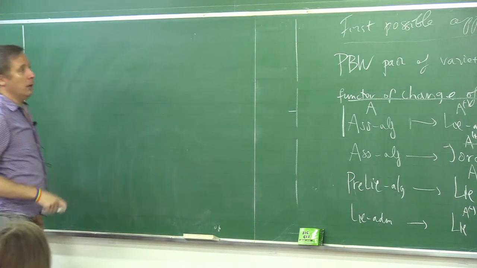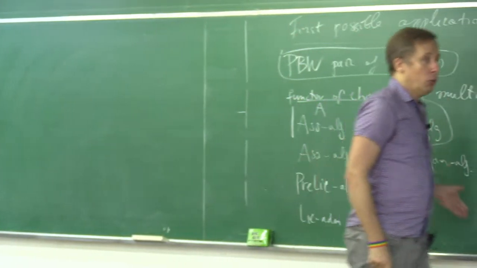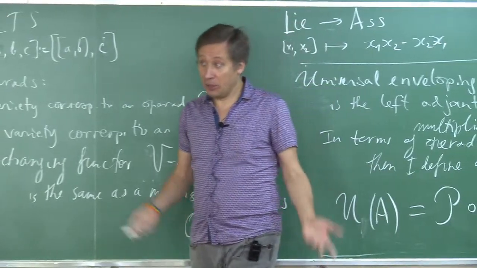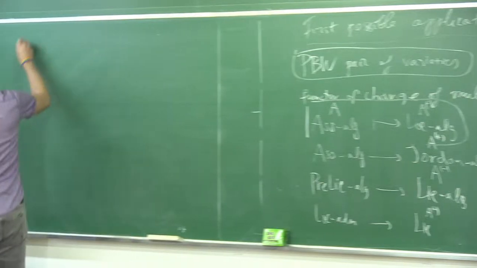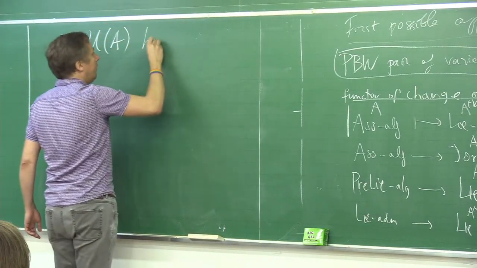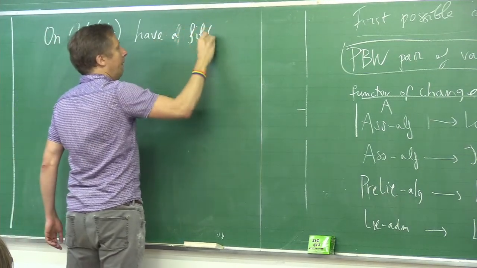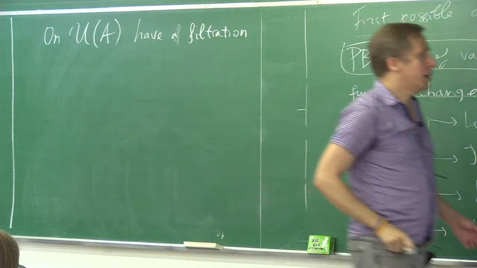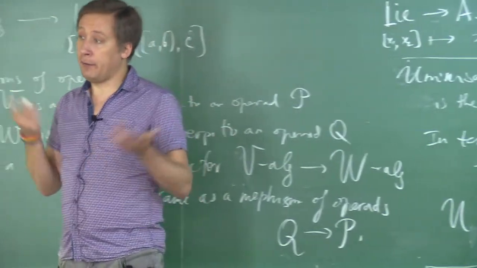So I need to recall the notion of... okay. So far, I talked in general about functors of change of multiplications and universal enveloping. Now, on U of A, we always have a filtration, which is very similar to the case of associative algebras and Lie algebras, right?